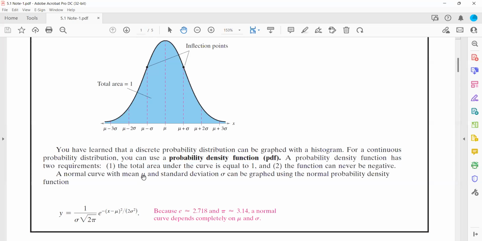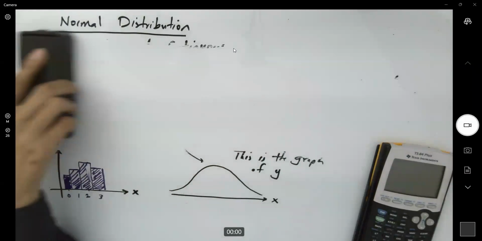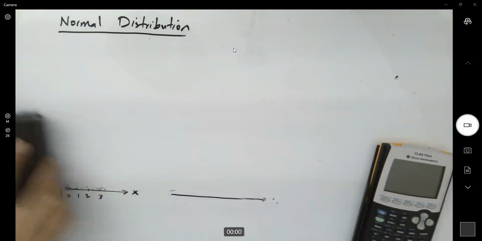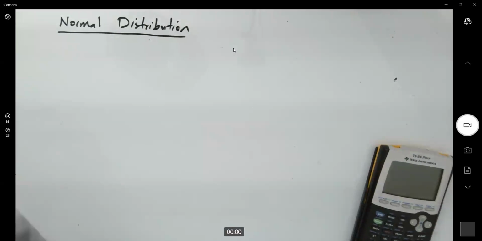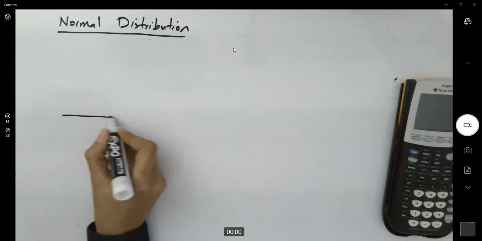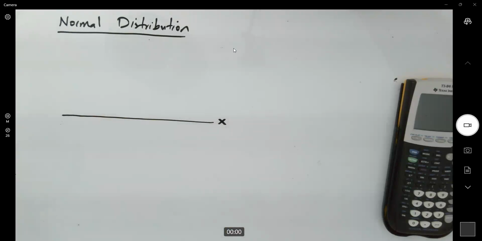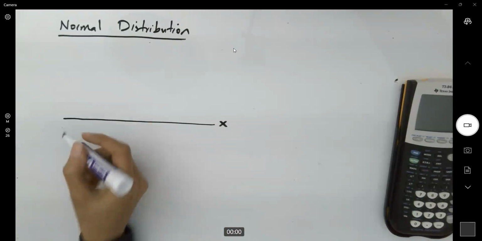A normal curve with mean mu and standard deviation sigma can be graphed using a normal probability density function that is defined here. Very well. So when you're talking about a bell-shaped graph, they have different scenarios, different cases. Suppose you have a bell-shaped graph on the horizontal line, x, and the graph behaves like this.